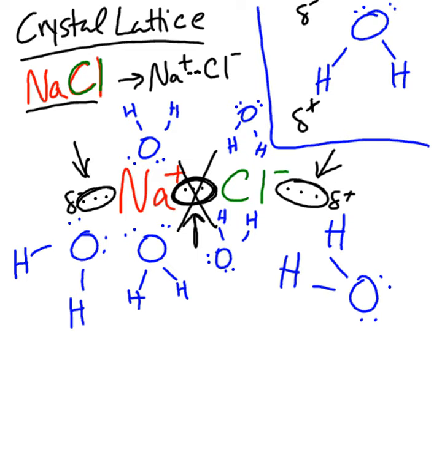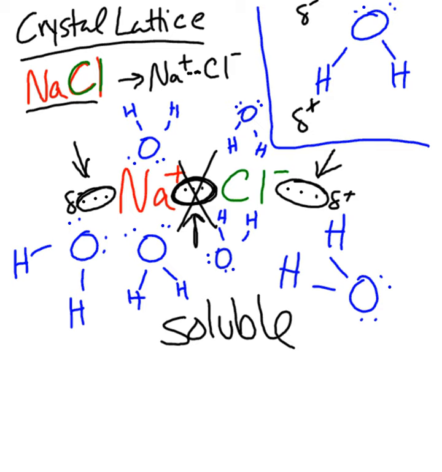And obviously there are thousands of water molecules surrounding each individual ion. I know it looks like a mess if you stand back and look at it for a second, but the bottom line is, if the attraction between the water and the ions is stronger than the attraction between the ions themselves, that substance is soluble.